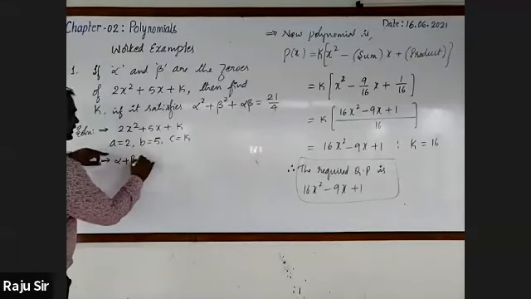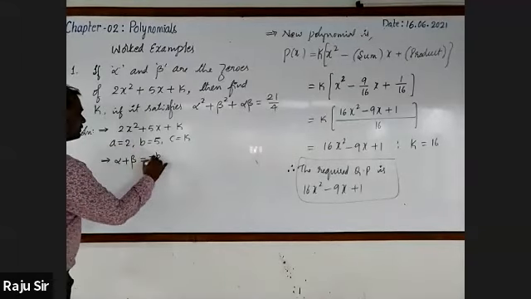We know that alpha plus beta is minus B by A. It is equal to minus 5 by 2. Then find alpha into beta. Alpha into beta is C by A, where C is k, A is 2. It is k by 2.